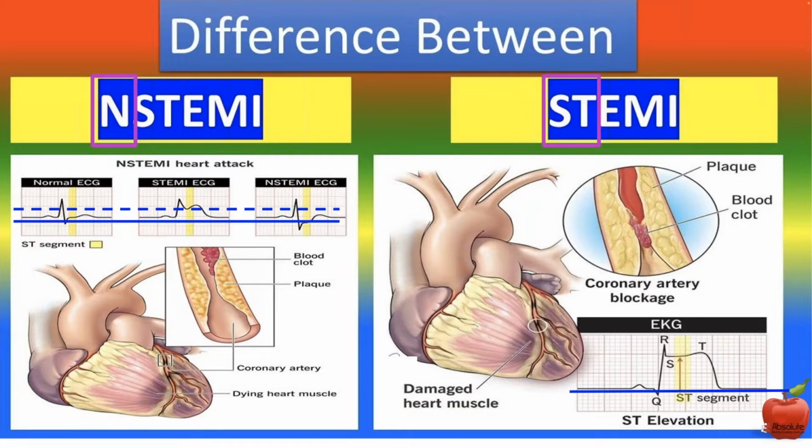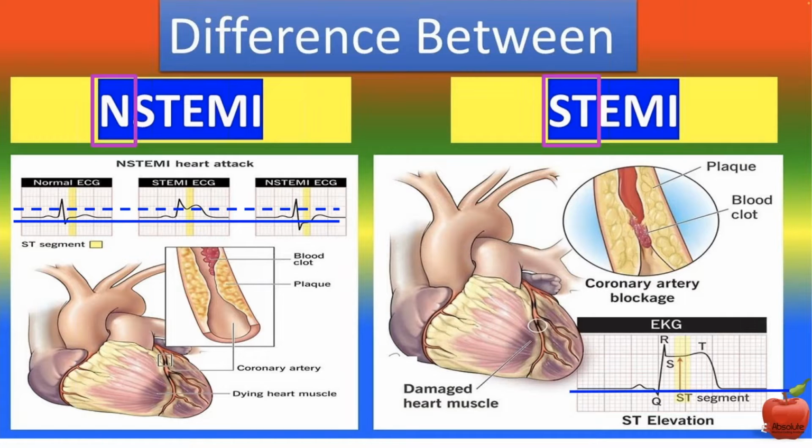Now, the NSTEMI can also have a partial obstruction in a major artery, but it's not total obstruction. All right. Okay. So a STEMI is more complex than an NSTEMI, but they both can be of the same type. And we're going to discuss that a little later.